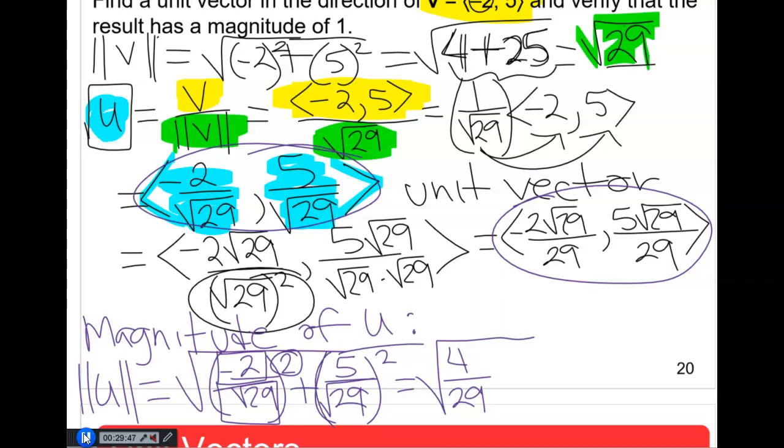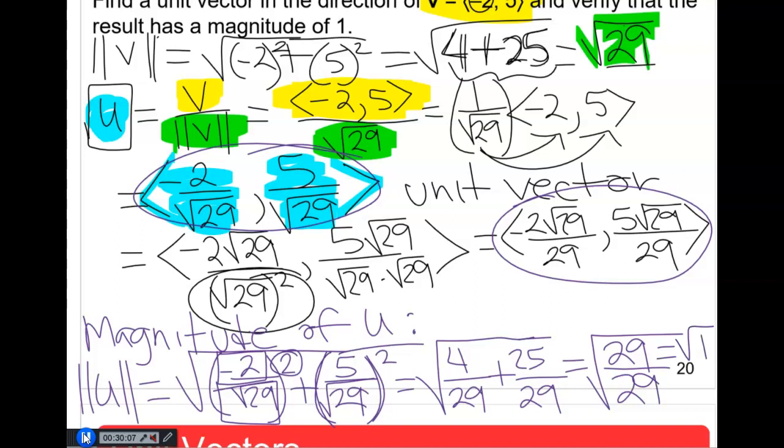Now for the next fraction, this will be 5 squared, which is +25, and then we have the square root of 29 squared, so it will be 29. So from here, we will have 29 over 29, which is the square root of 1, which is equal to 1.